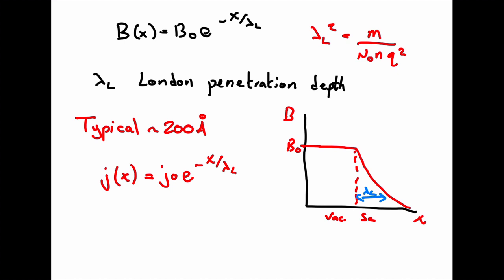It's those screening currents that are cancelling out the applied field and ensuring that I have no magnetic field inside the center of the material. But they're confined to this small region, approximately the London penetration depth, around the surface of the material.